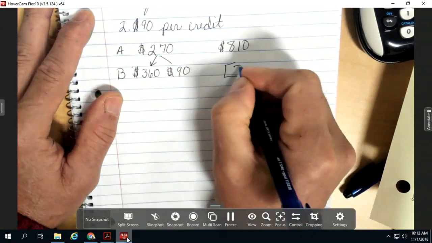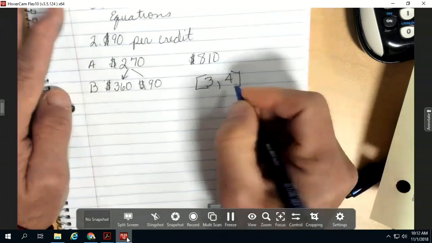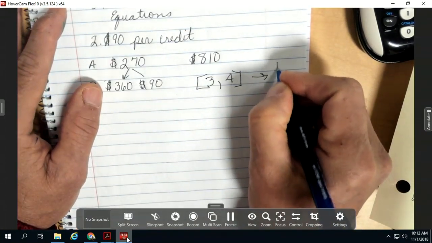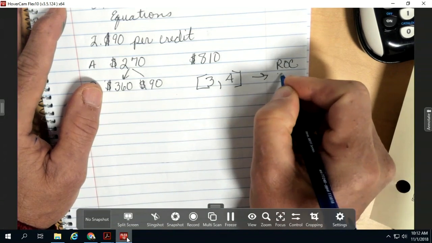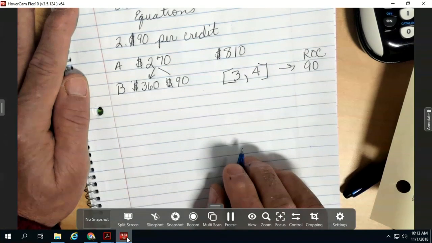So when you go from 3 credits to 4 credits, the rate of change is $90, right? Part C.